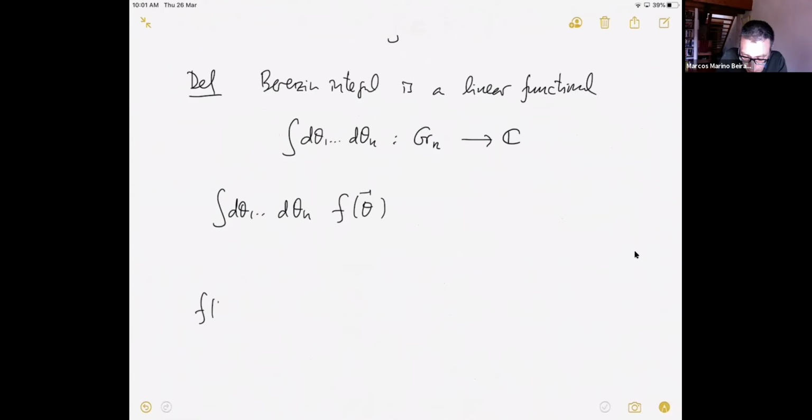Remember that this element will have many terms, but then there will be the term of the highest degree, the term which has degree n. And the term which has degree n can always be written as f_{1 to n}, so a single coefficient, times theta_1 to theta_n.